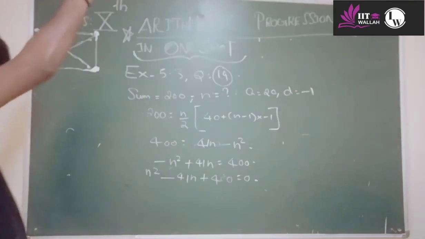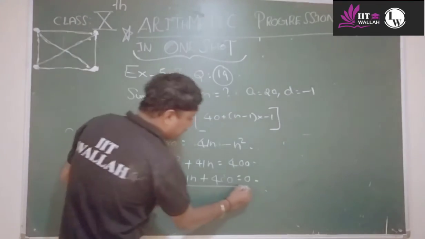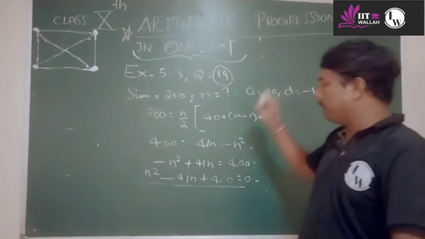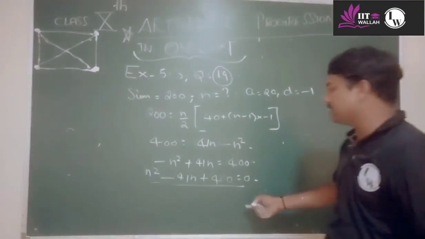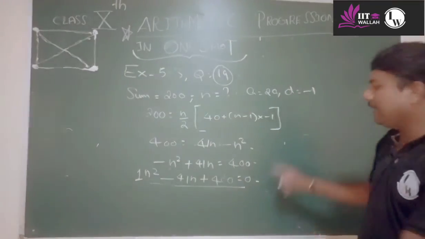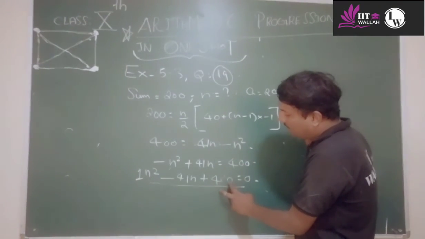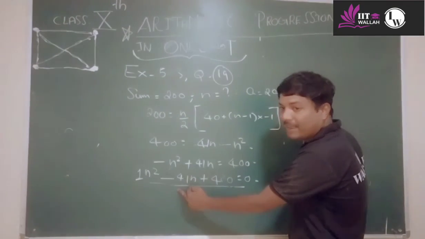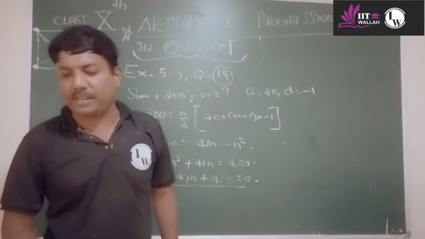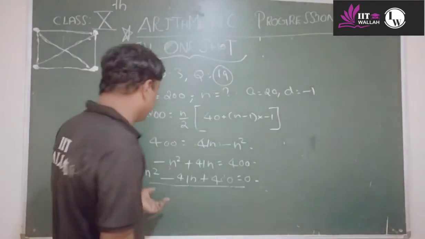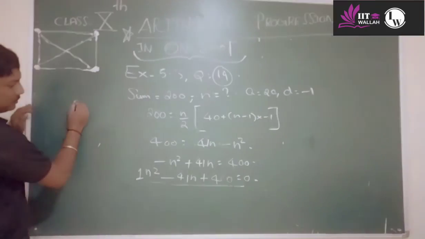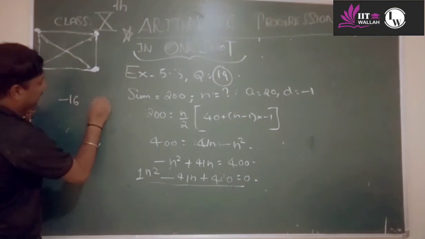To solve this, it is a quadratic equation. So easy. In the previous video, I explained how we can solve the quadratic equation nicely. If the coefficient here is 1, think about two numbers whose product is 400 and the sum is minus 41. 16 and 25, that is, the numbers are minus 16 and minus 25.